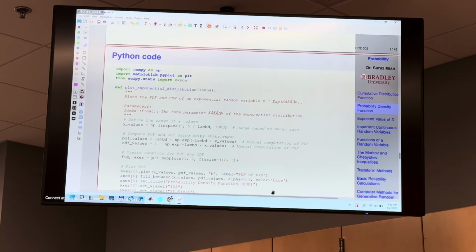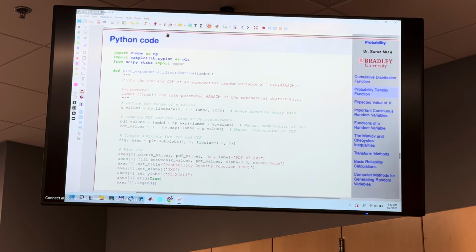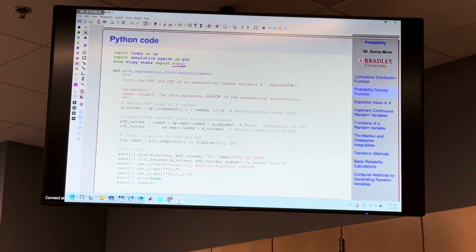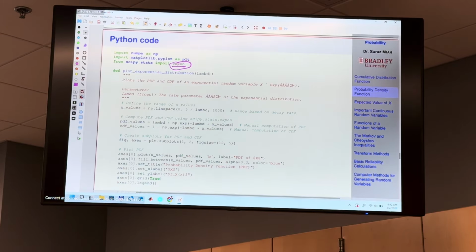Now I have this Python code here. You see that we import from the statistics package, the exponential distribution.